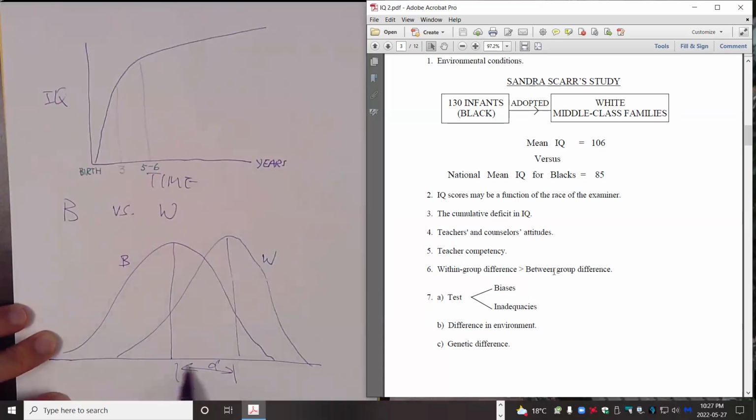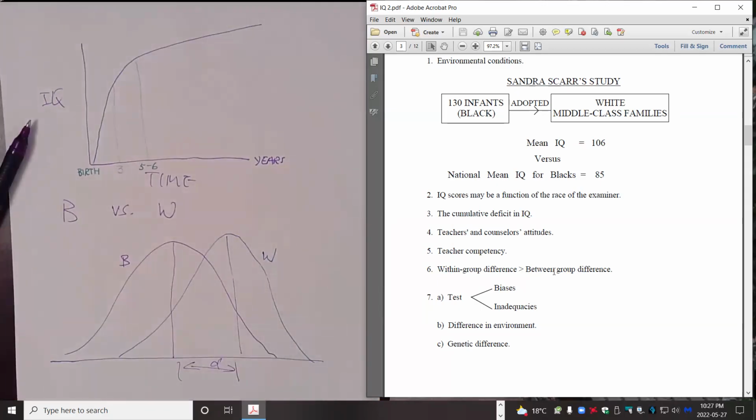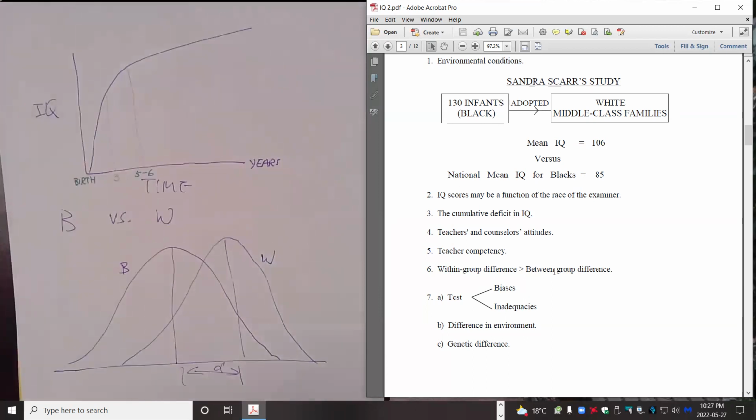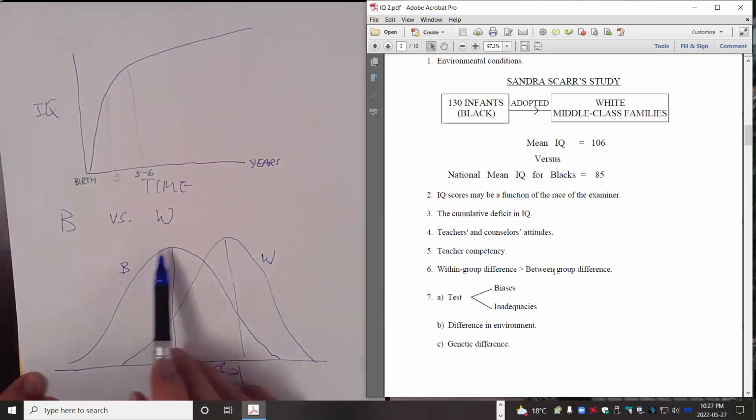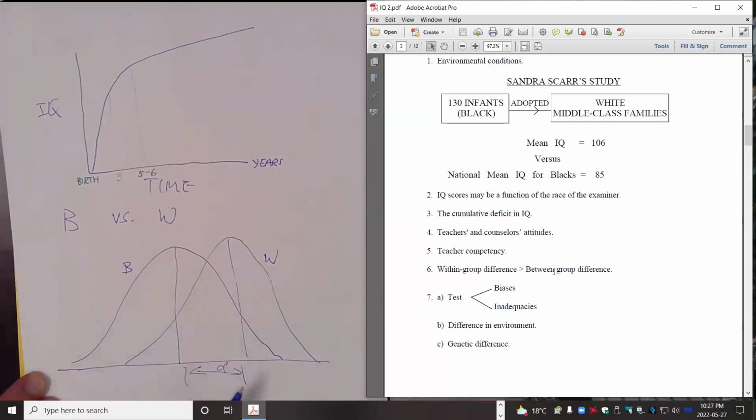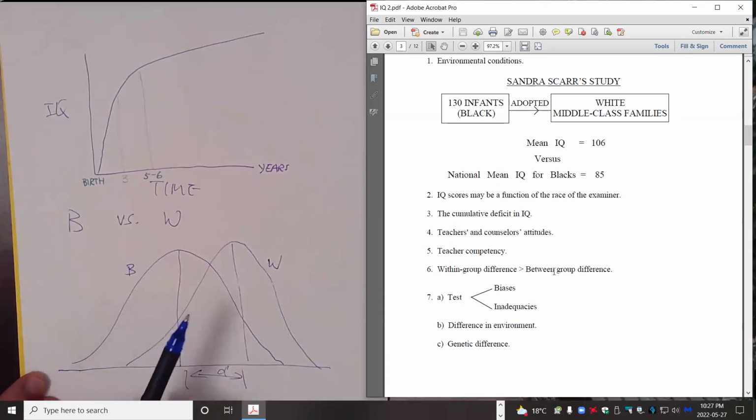Okay, so there is a difference, and associated with the difference is standard deviation. But within the black group, and within the white group, the standard deviation or the variance is much larger than the variance of the difference. All right. So that means within the Black group, we have lots of variabilities, and within the white group, we have lots of variabilities.